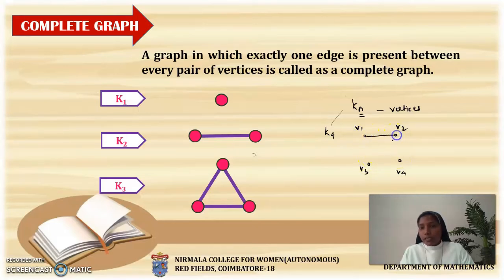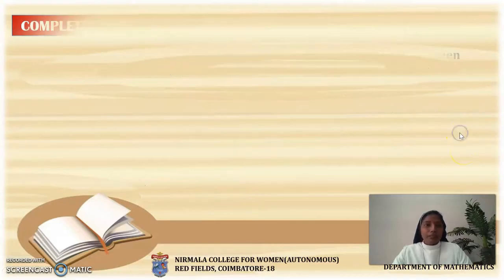So, V1 must be connected with V2, V3 and V4, and V2 must be connected with the other vertices, and this is true for the other vertices also. So, this is a complete graph with 4 vertices. Similarly, we can find Kn for any value of n.